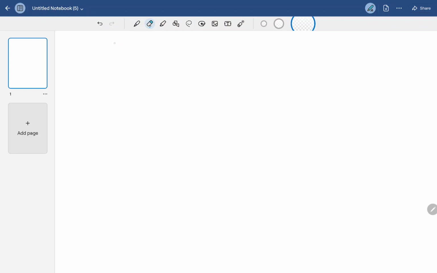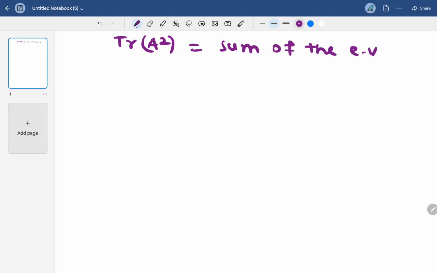We have to find the trace of A square. Trace of A square is nothing but sum of the eigenvalues of A square.